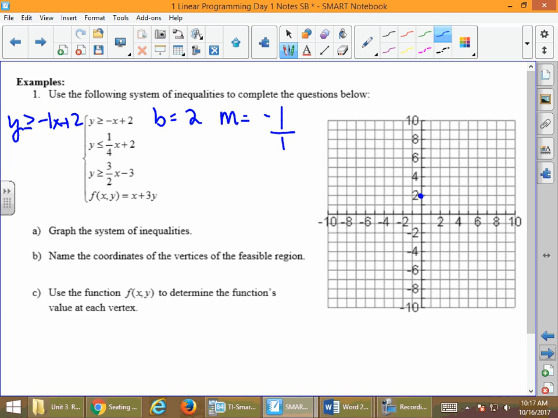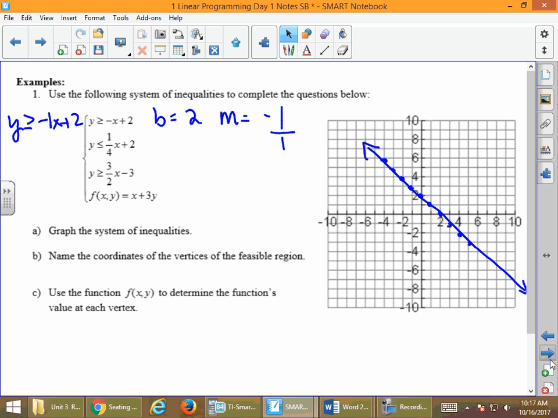And then we're going to go down 1 to the right 1, down 1 to the right 1. And we can also go up 1 to the left 1, up 1 to the left 1. And you have a ruler, even though I know that I'm going to draw freehand. There's our first inequality, which is also a constraint.